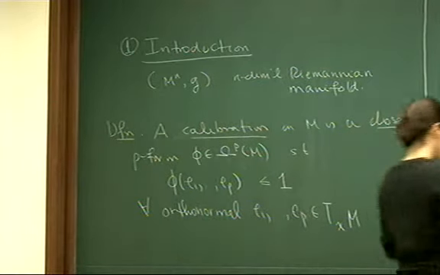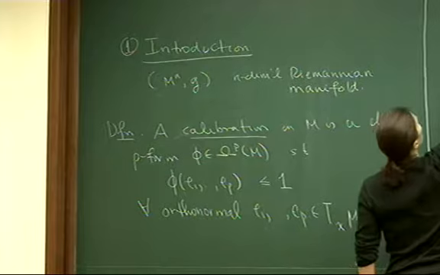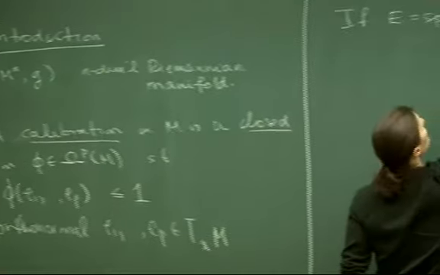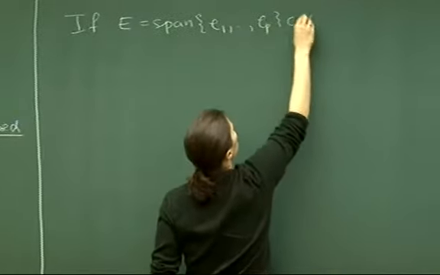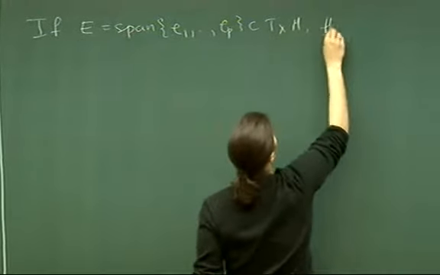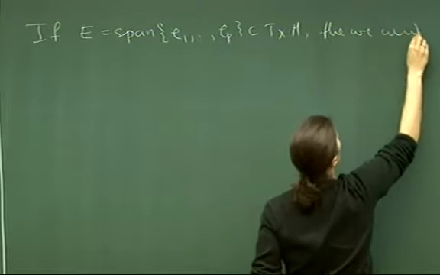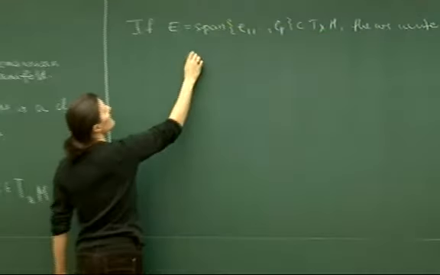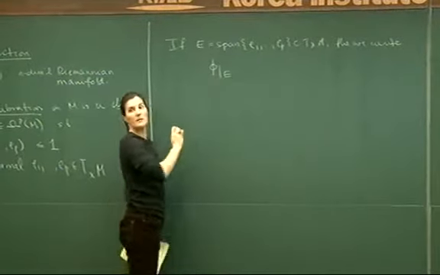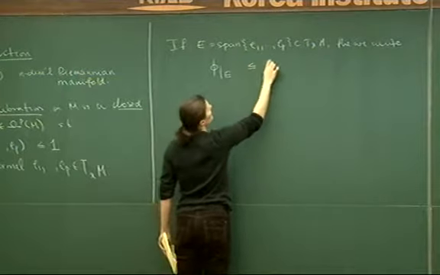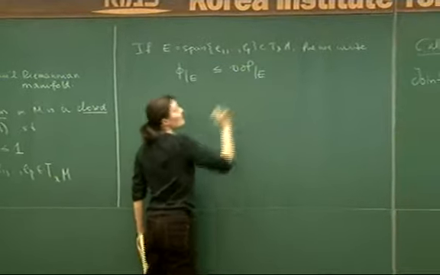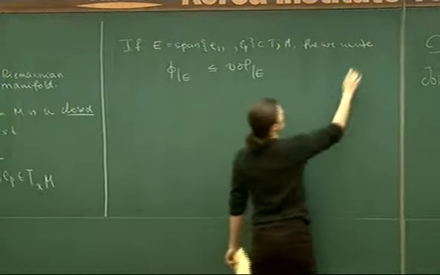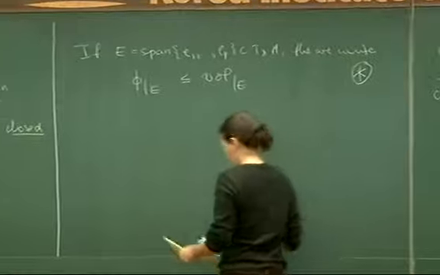Okay. So if I let big E denote the span of these P vectors in that tangent space, then we write this condition right here as the statement that phi restricted to any p-plane is less than or equal to the volume on that p-plane. Okay. Let's call that asterisk.